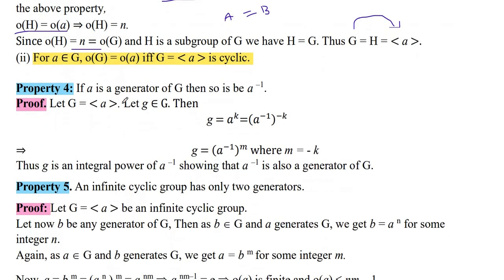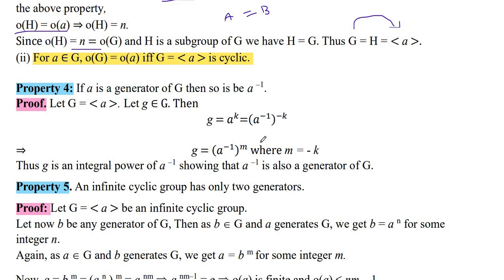Next we are going to show this property: if A is a generator of G, then so is its inverse. Its inverse will also be a generator. Now let G be generated by A. It's a cyclic group generated by A. You consider g to be any element in G, then g can be written as some integral power of A, say A to the k.